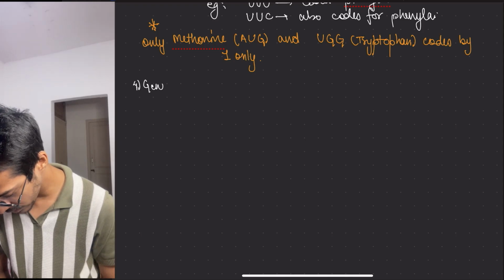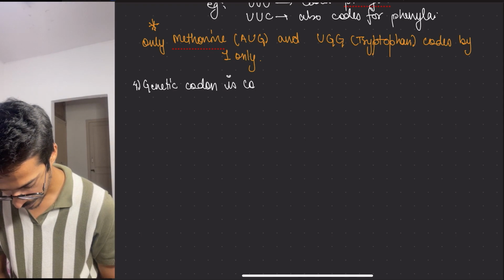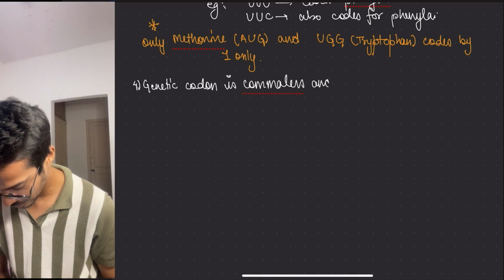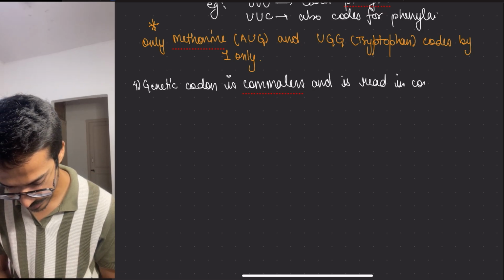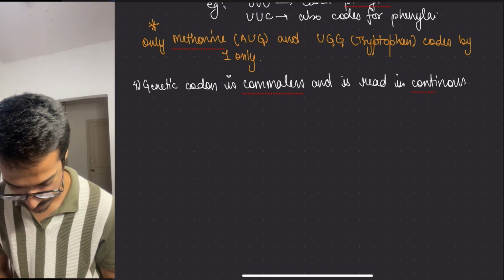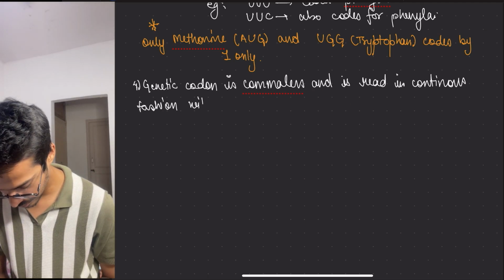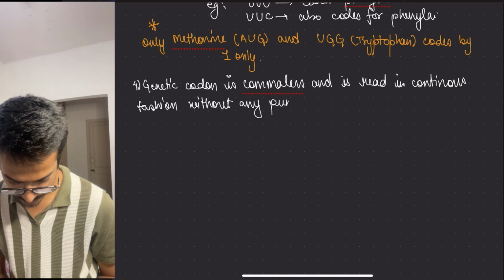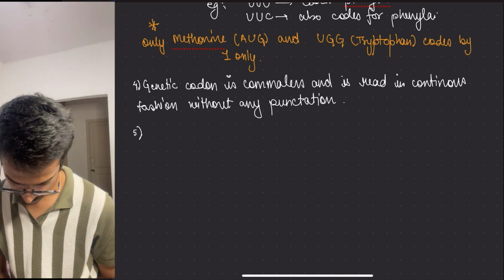The fourth point is that the genetic codon is commaless and is read in a continuous fashion, without any punctuation.